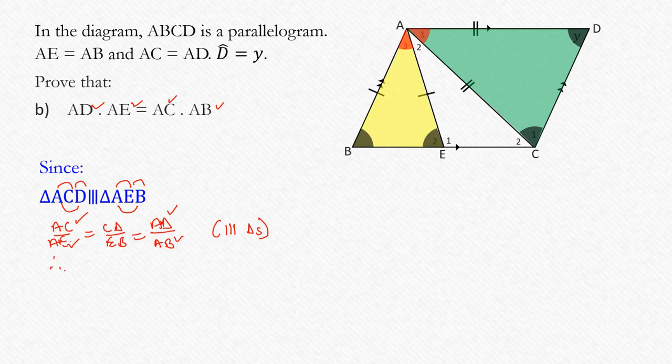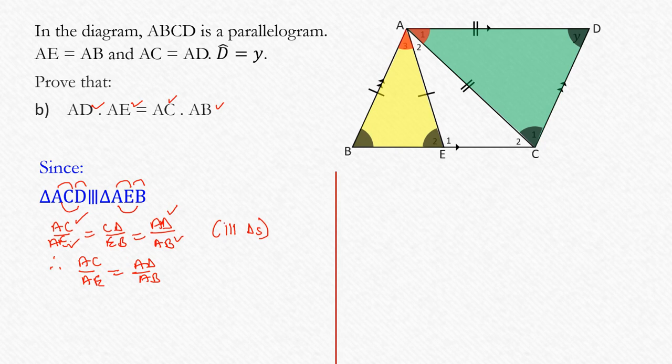So therefore, right, AC over AE is equal to AD over AB. Okay, right. Now what do we do? If we just cross multiply, is it going to work? Let's see. AD times AE, and then AC times AB. Yes, it's working.